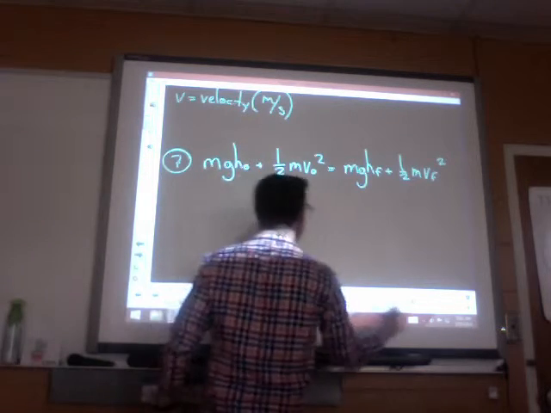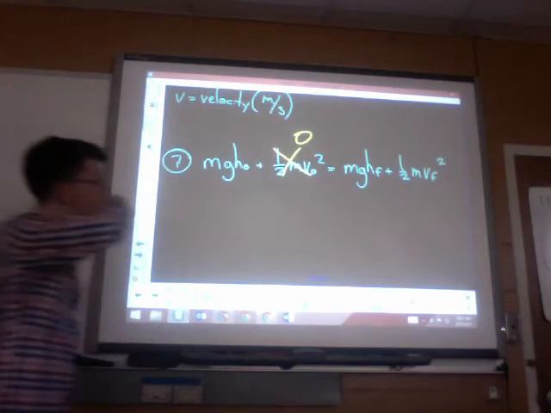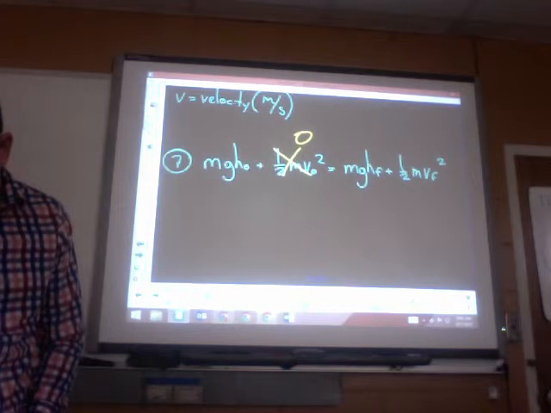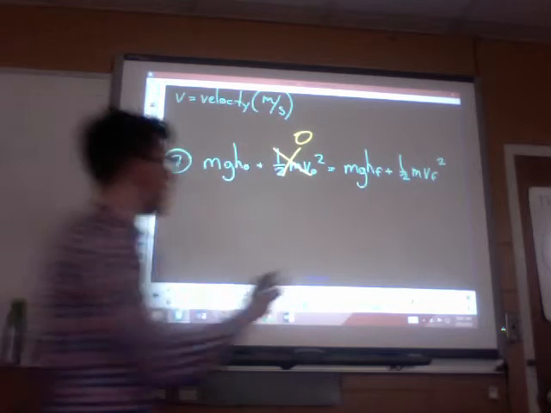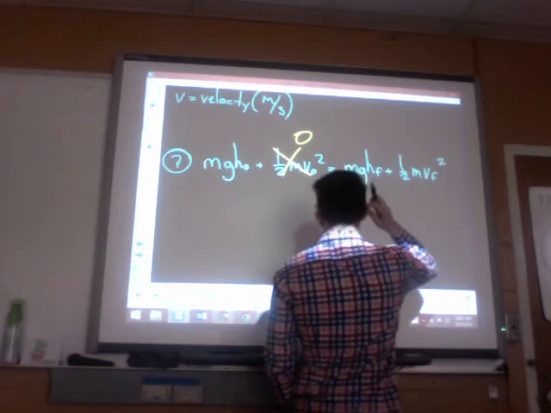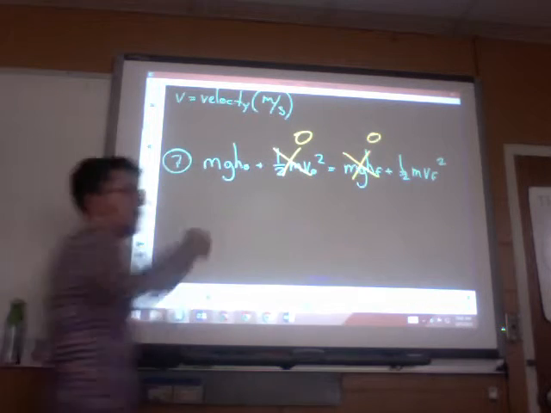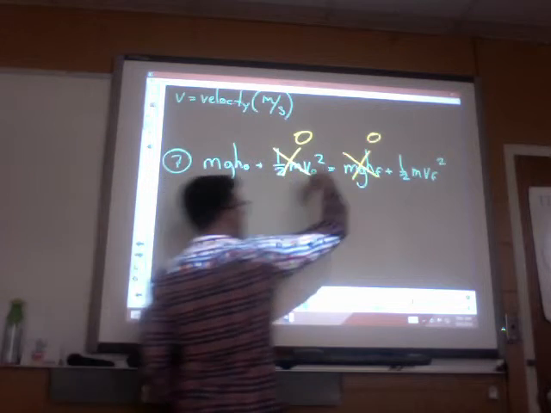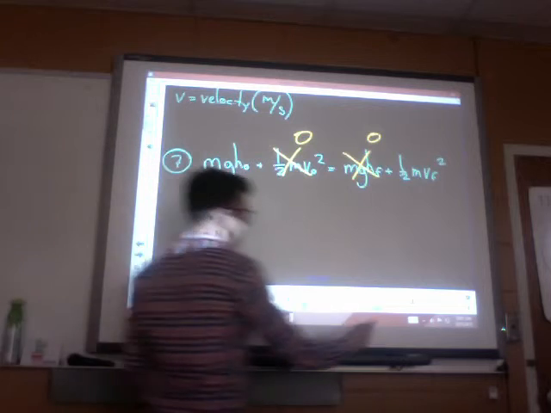Since it's dropped, initial velocity is 0. This whole thing goes away. It falls and it reaches the ground. What's the final height if it falls to the ground? 0. So there's going to be a problem like this where something drops to the ground. And from that, if something drops, you should know that the initial velocity is 0 and the final height is 0. So we'll bring that down to the next line.